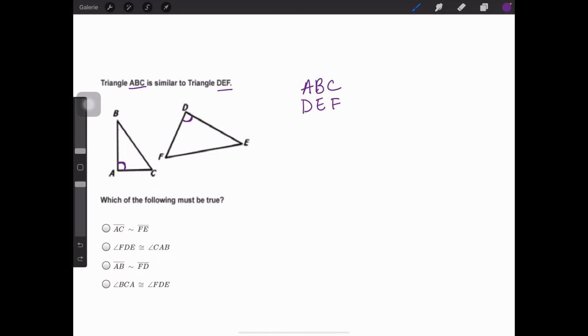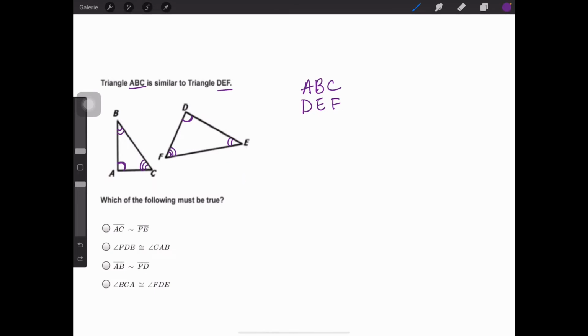So I'm going to draw two arcs, 1, 2, for B and E. And lastly, I have C and F. And I'm going to draw three arcs in the corner for C and F, just letting me know that those angles are also the same. All right, so now I can take a look at my questions and compare them using both my key with the names of the triangles and using the angles, which I have now just added and drawn in.